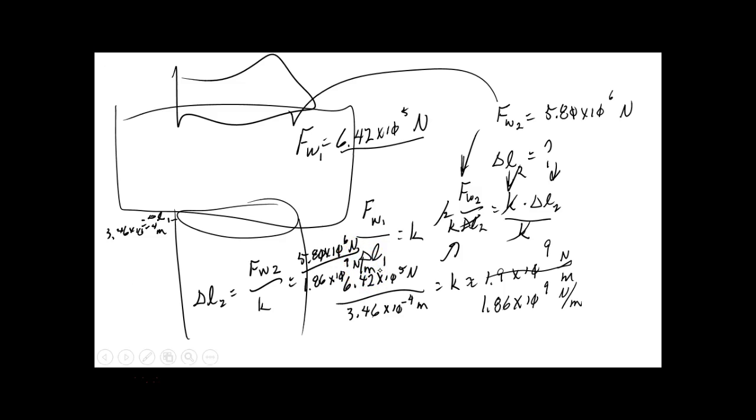It's getting too crowded here. And what does this give you? 5.80 times 10 to the 6 divided by 1.86 times 10 to the 9.